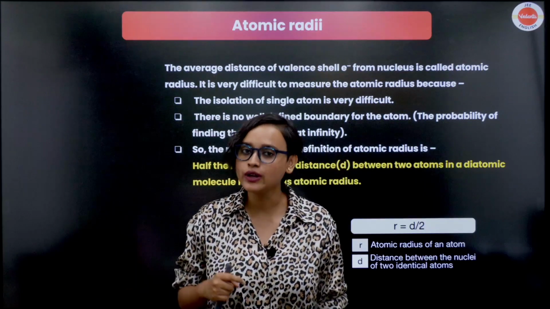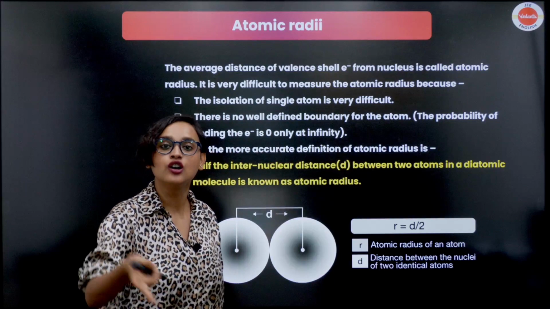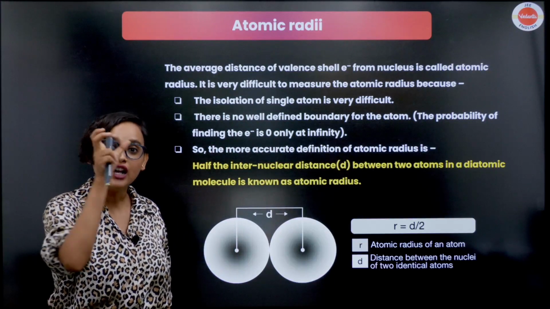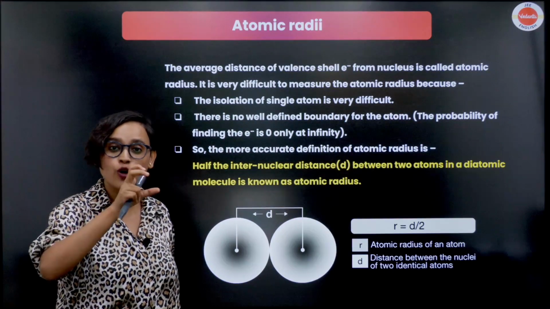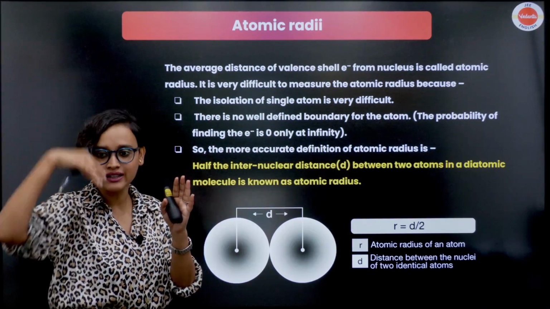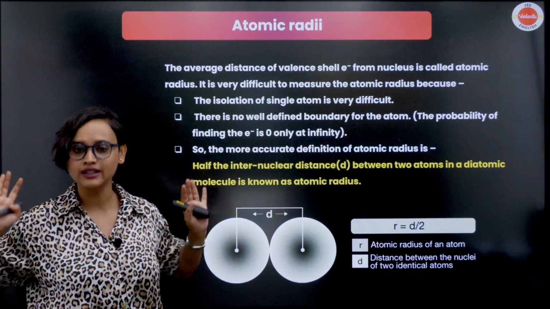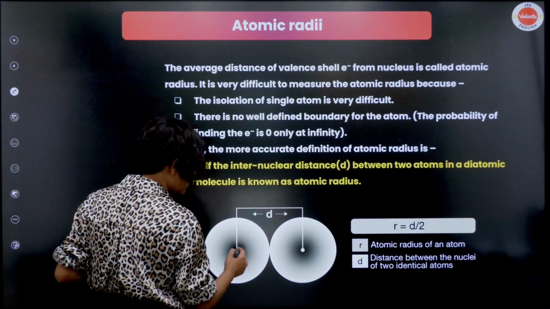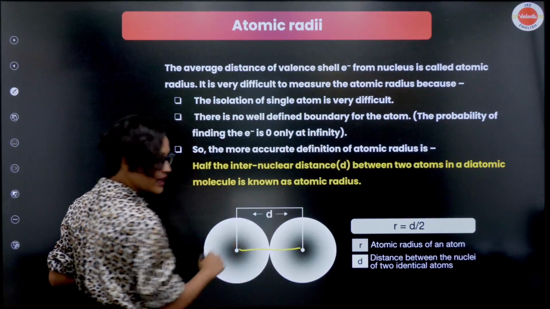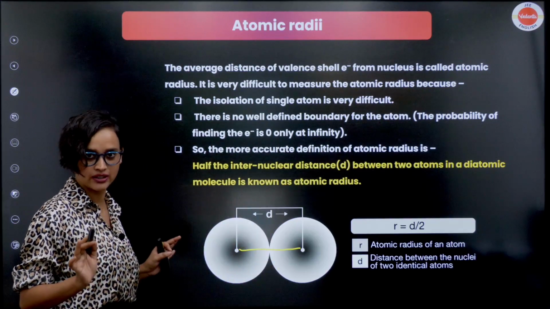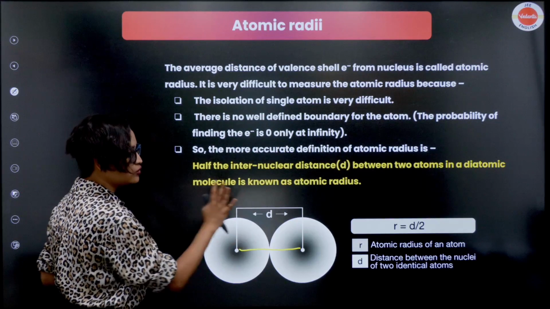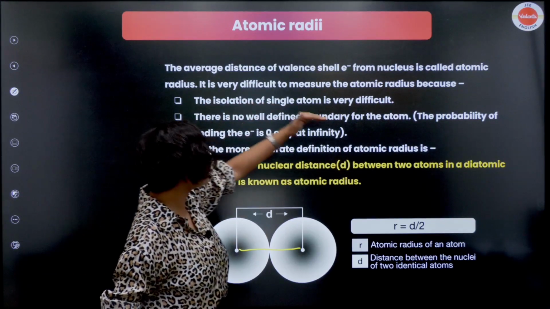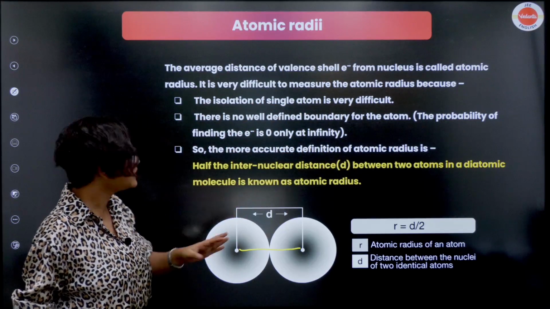Which is why we take two atoms together, measure the distance from one nucleus to the second nucleus, and then just divide it by 2, and you get the radius. If I calculate from here to here, this becomes my diameter ideally. So just divide it by 2, it will give me the radius, correct? So the isolation of a single atom is very difficult, which is why we cannot do it.